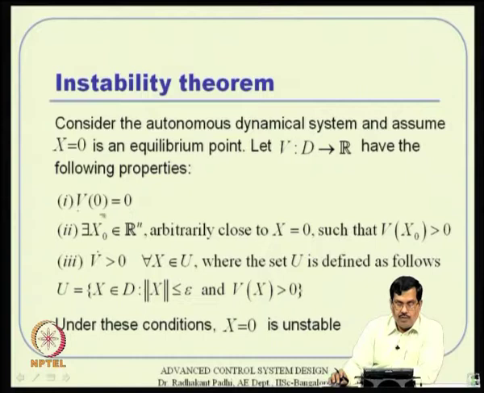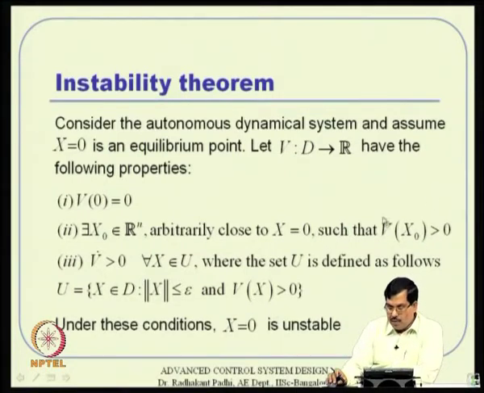V of 0 is 0. Remember, the V that we are studying here is not necessarily positive definite, that is why these conditions are necessary. So, V of 0 is 0, and there exists some x 0 arbitrarily close to x equal to 0 such that V of x 0 is positive.